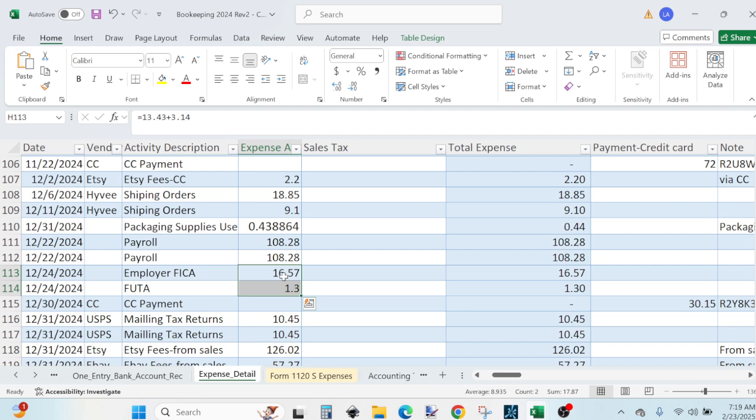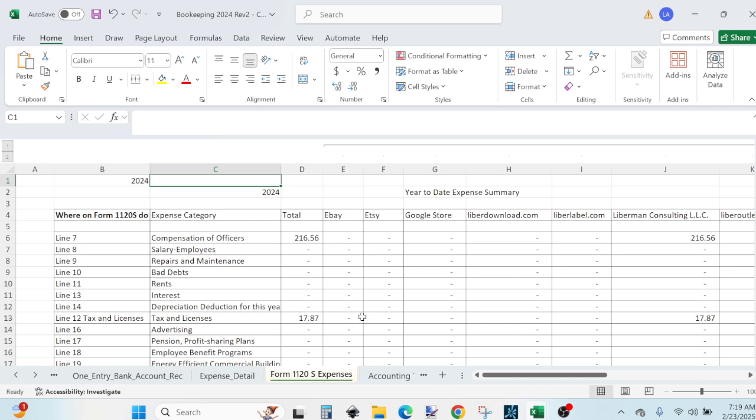I don't know if it makes sense, but because both of them are paid to the IRS within that year, I made that distinction, and that is the right way to do it: to have the gross payroll under the wages and compensation area, and have the employer portion of payroll tax and unemployment tax under taxes and licenses.